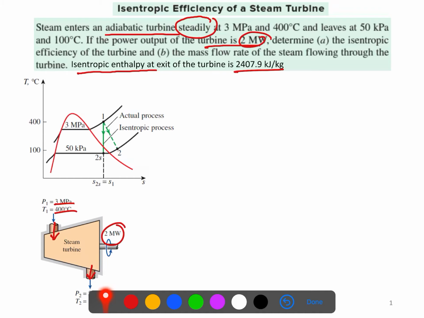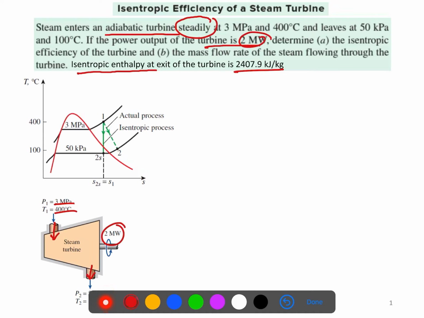So isentropic efficiency, if you attended the lecture, you know isentropic means the entropy change will be 0. Try to understand this figure here, this TS diagram. We will discuss the second law, then we will see two different types of diagram, TS and HS, temperature entropy, or enthalpy entropy. Anyways, I believe you know the isentropic efficiency definition.